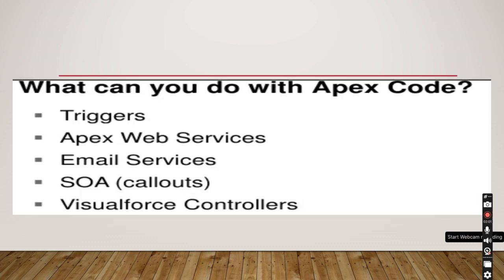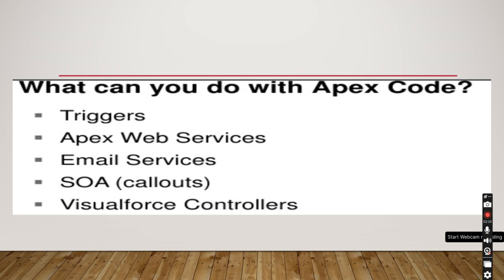Now, what are the things you can do with Apex? You have the Apex language, so what can you do? You can write triggers, database triggers. You can write Apex web services, that is, expose your Apex classes or logic to third parties. Third-party integration points can access your Apex web services in the form of REST or SOAP API.